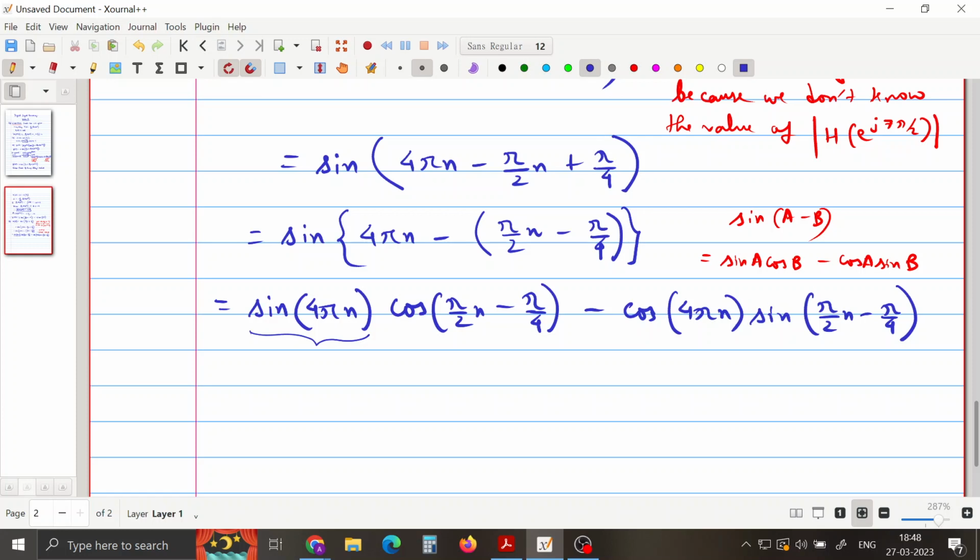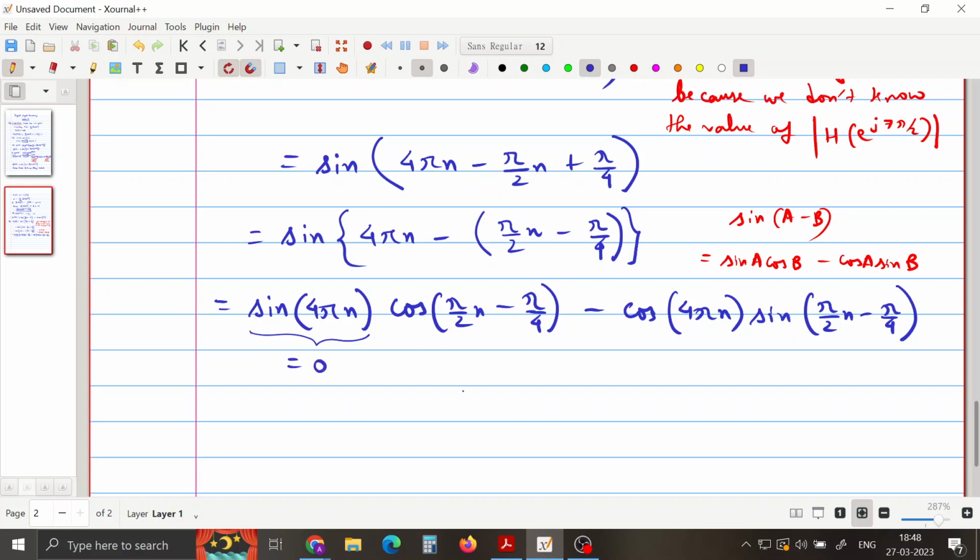No, I am asking what's the value of sin 4 pi n? It will be 1. Is it 1? Okay. Sin 360 will be 0. The multiples of 2 pi will be 0. So this term is actually 0.